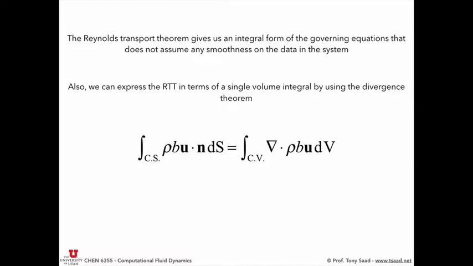And it turns out that we can use the divergence theorem to convert a surface integral into a volume integral, and that's simply given by this form. So the integral over the volume of the divergence of a vector field is equal to the surface integral of that vector field dotted by the unit normal. Okay? So that allows us to go back and forth between a surface integral and a volume integral.